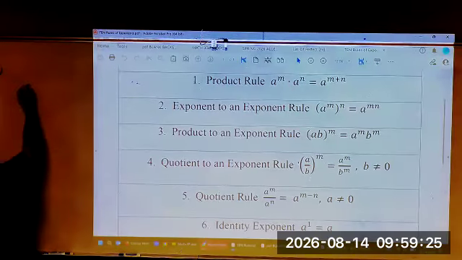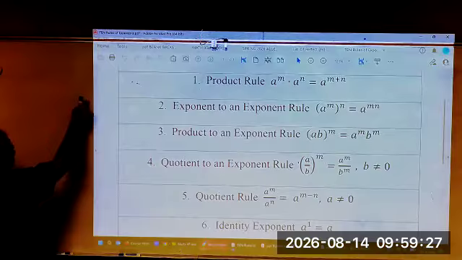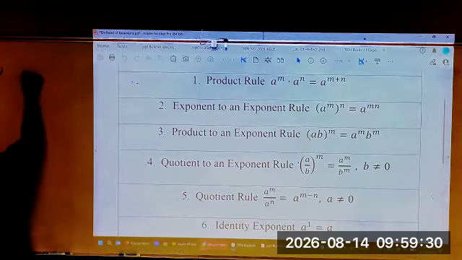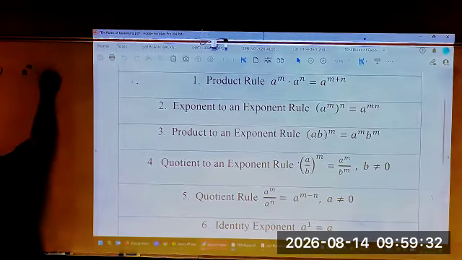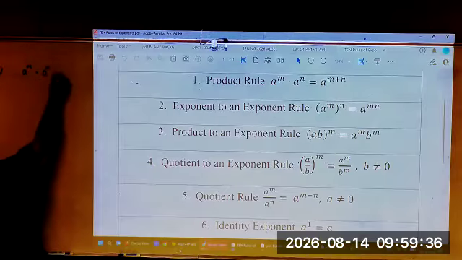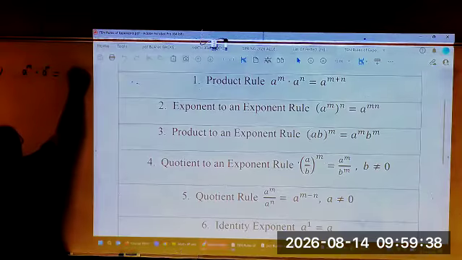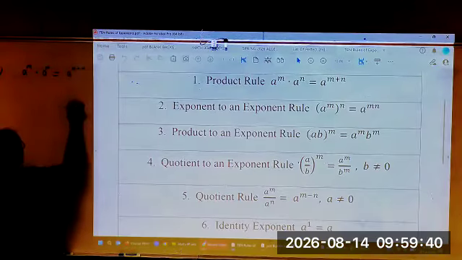Rule number 1 says if you multiply the same base, a to the m times a to the n, then you add the exponents together.